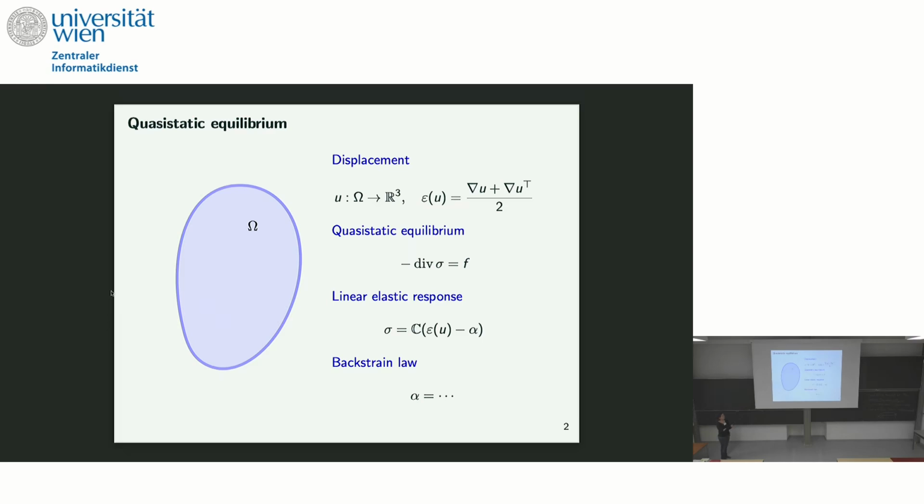We will keep track of its linearized strain, and we will assume that the divergence of the stress is equal to some elastic forces, and that the linear elastic response is going to be given by the usual elastic stress and another contribution, which is due to the presence of a given back strain. This back strain keeps track of the fact that our material is growing. And so by growing, it induces a certain mechanical effect, which affects also the way in which the material behaves elastically. Now, how can we describe that?